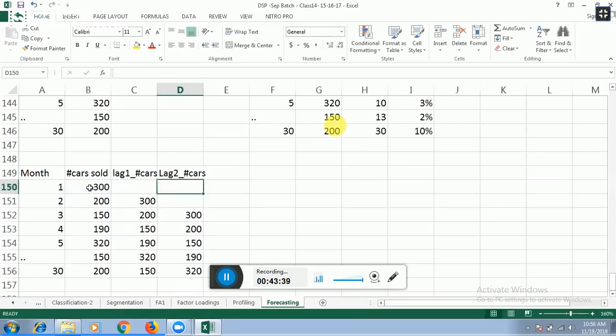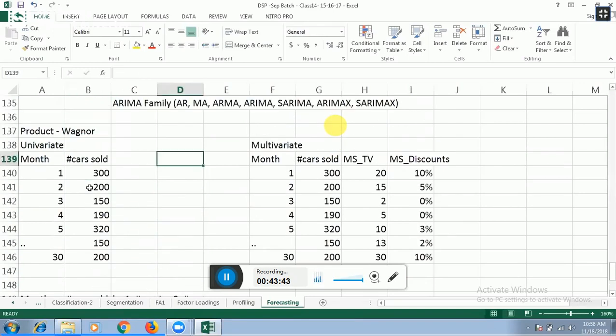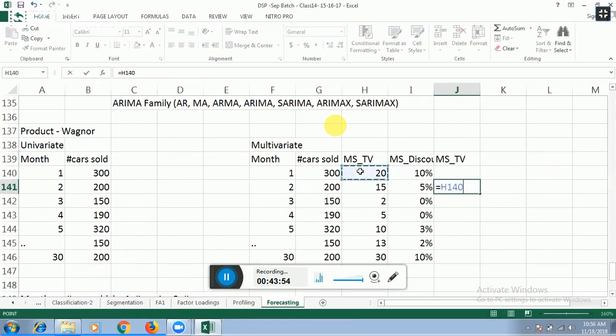A lot of times, a simple example is, if I take the marketing spend on TV, lag 1 is this one. My current month sales may depend on the previous month's marketing spend.